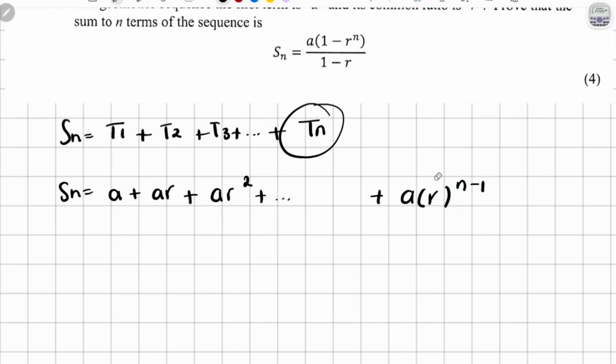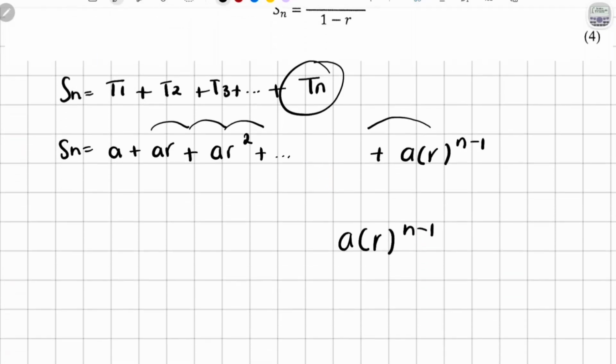Now think about when you're moving backwards, what's going to happen. If it increases by 1 every time you move forward, when you move backwards, it's going to decrease by 1. So the exponent in r right now is n minus 1. Since we're moving backwards, it's going to decrease by 1.